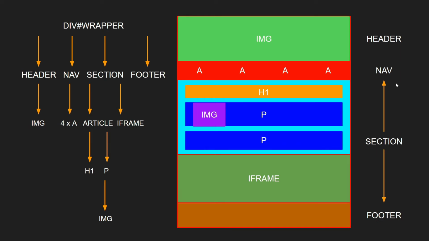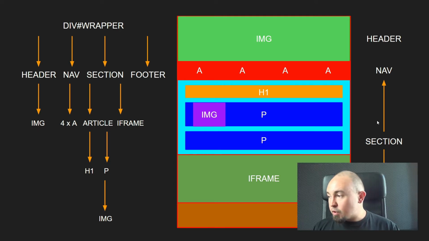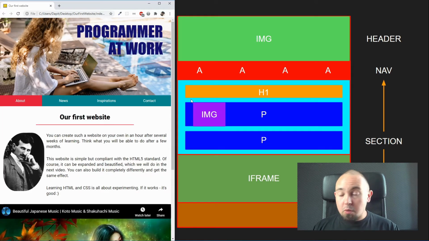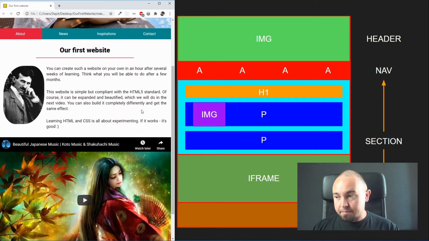This is our section from the end of navigation to the beginning of the footer. In our section we can see this light blue area is our article and this dark green area is our iframe. In our article we can see the H1 tag, some P tags, and we can see an IMG tag in one of our P tags. And this is exactly what we have on our website right here.